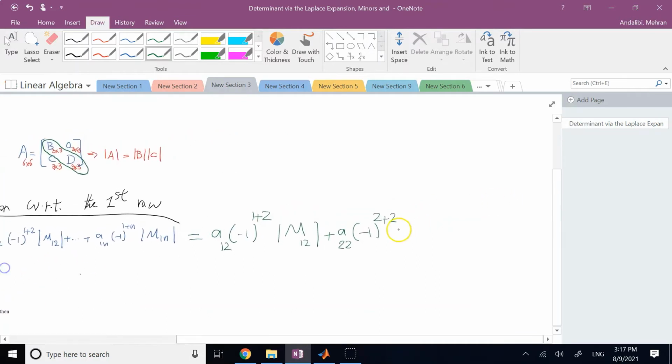We keep going by multiplying each element by -1 to either an odd power or an even power and multiplying by a minor. And keep going all the way to the last element of that column.